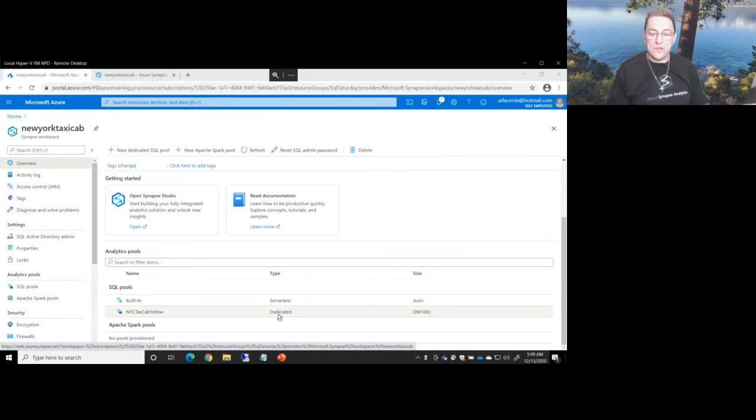Only for this one here. For the dedicated. The serverless one is a particular type of SQL pool. And by SQL here I mean supporting T-SQL and all of that. It's a particular type of SQL engine service offering that does not have a database.